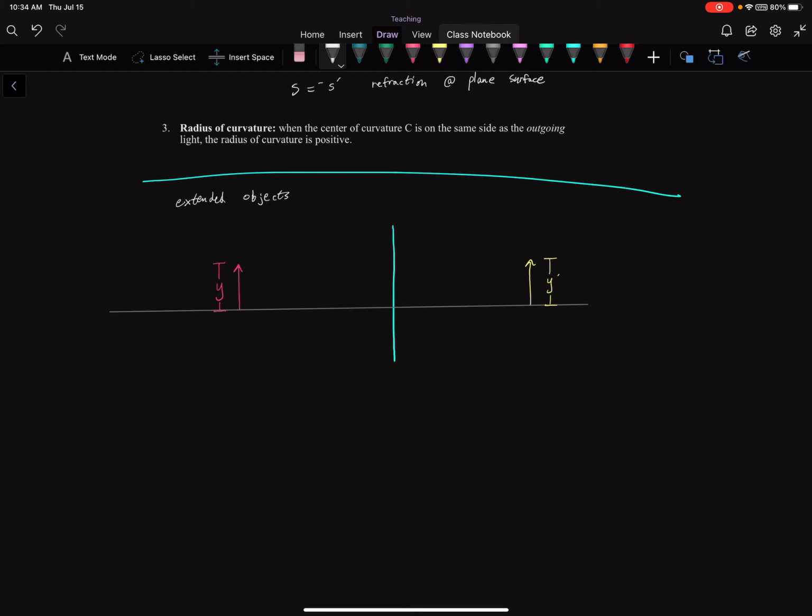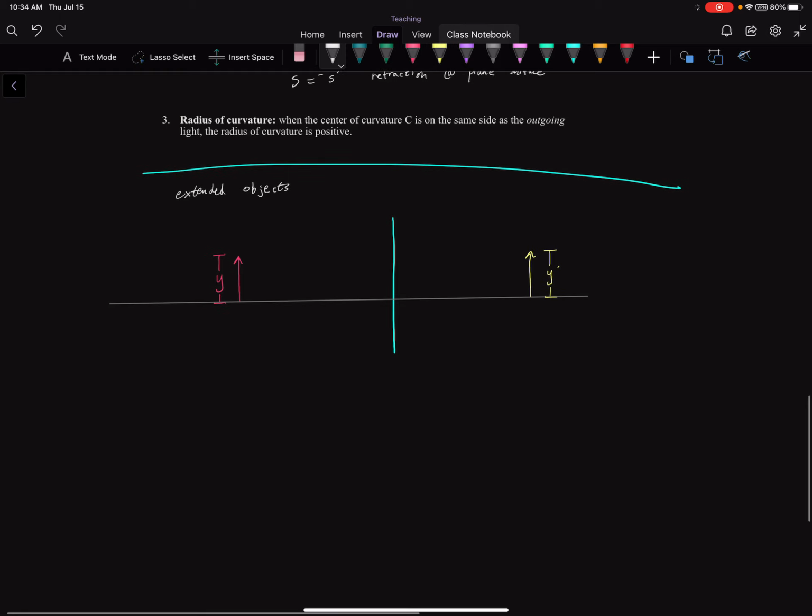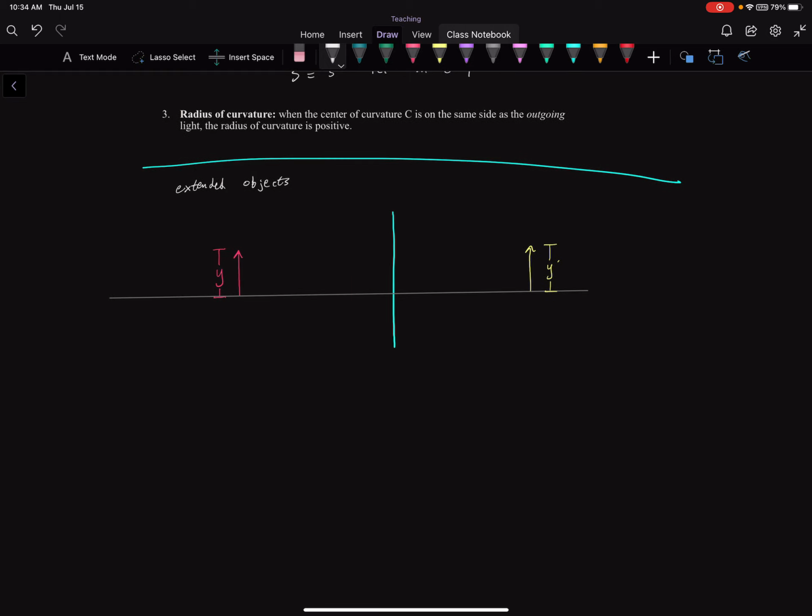So for each point of the arrow that we could consider, there's a corresponding image point. For reflection at a plane mirror, the image arrow is the same height as the object arrow, and you can verify that because we can just consider the tip of the arrow, a couple rays coming from the tip of the arrow.